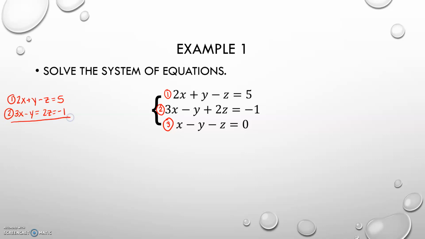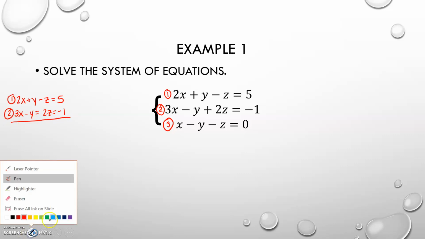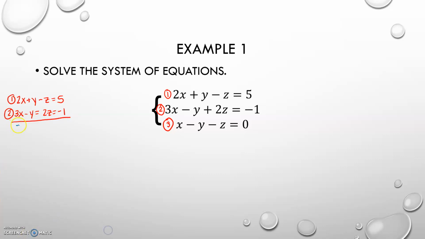And when I combine those, I get 5x. The y's cancel. And then when I add those, I get plus z equals 4. So this is going to be now equation number 4.